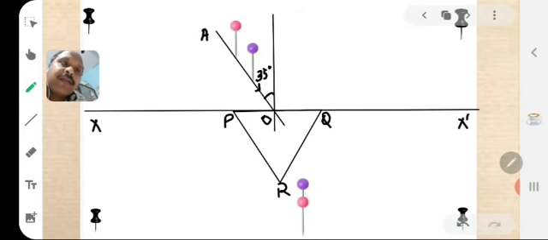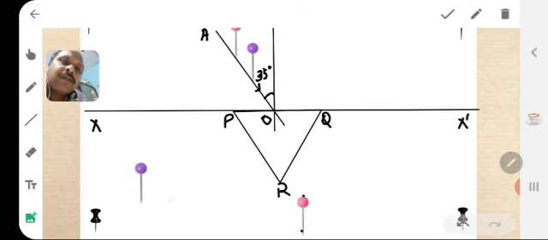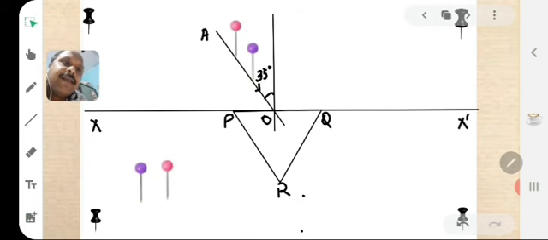So let us point out the impressions and remove these two pins from their position, and then draw the refracted ray, rather the ray that is coming out of the prism. So we can call it the emergent ray.